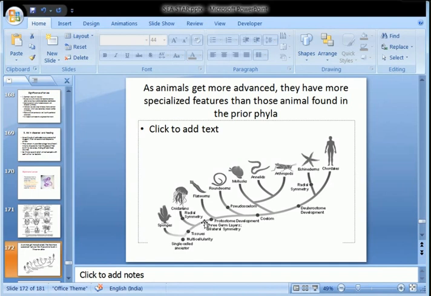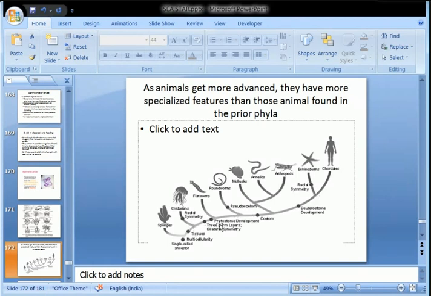Then the tissue grade of organization appeared, and radial symmetry developed at this point in this offshoot, and cnidarians developed, while the other shoot continued with three germ layers and bilateral symmetry. Bilateral symmetry continued up to here.